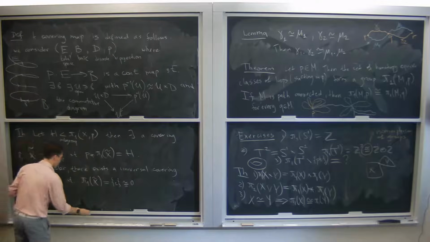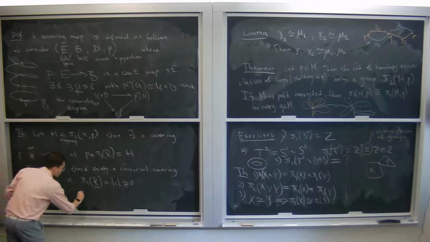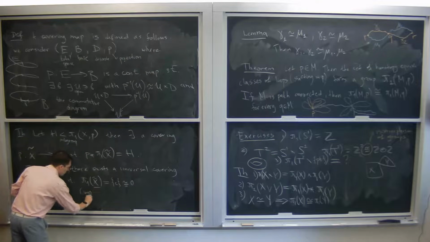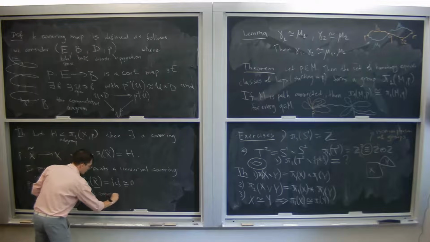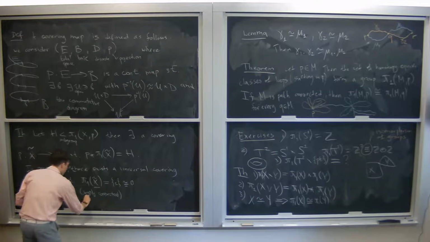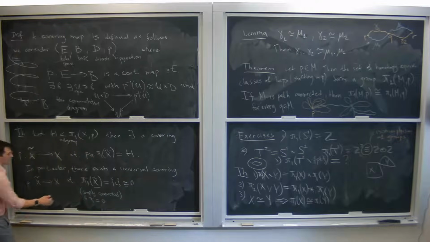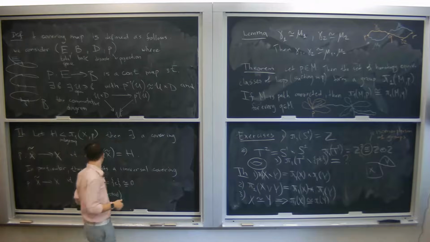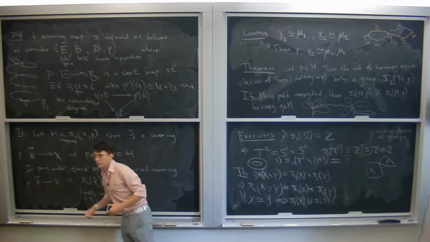Such a space X tilde is simply connected, right? If pi1 is trivial, these are called simply connected. And what does this universal mean? It means that any other covering of our space X will be covered by X tilde.